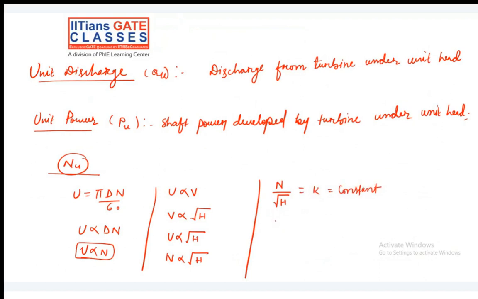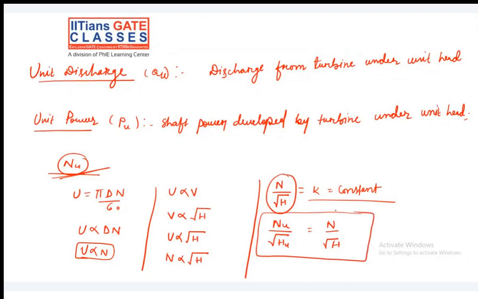Okay, and unit speed, what we need to find out is unit speed. So what I can do is Nu upon root over Hu is equal to N upon root H. Why? Because I have said that N upon root H has to remain constant. So whatever is the N, whatever is the H, the ratio of these two will remain constant.